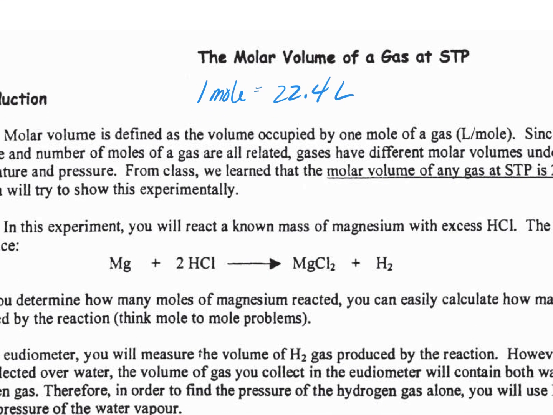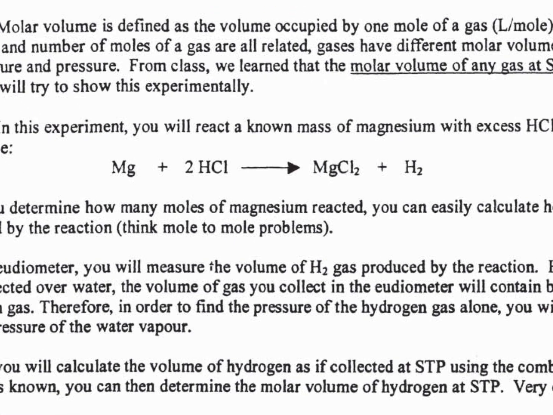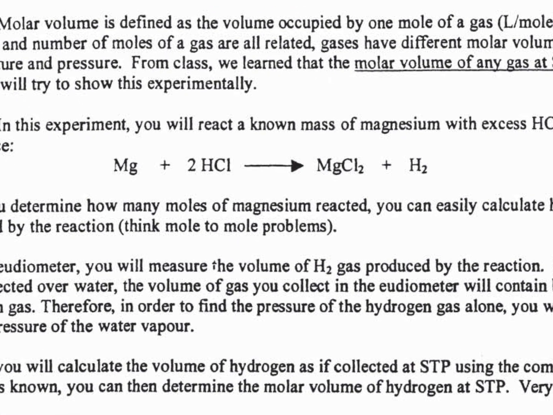In this experiment, we're using this reaction. We're combining magnesium with hydrochloric acid to form magnesium chloride, which, by the way, is soluble and just dissolves in the water. You don't see this forming in the video, but you do see the hydrogen gas forming.